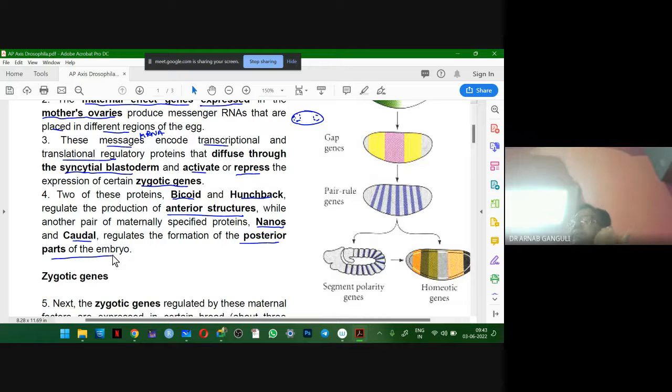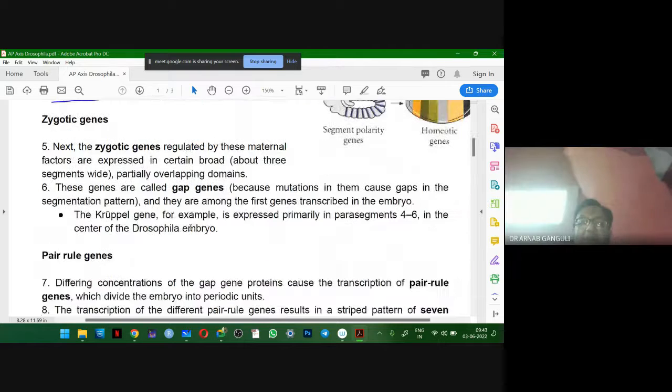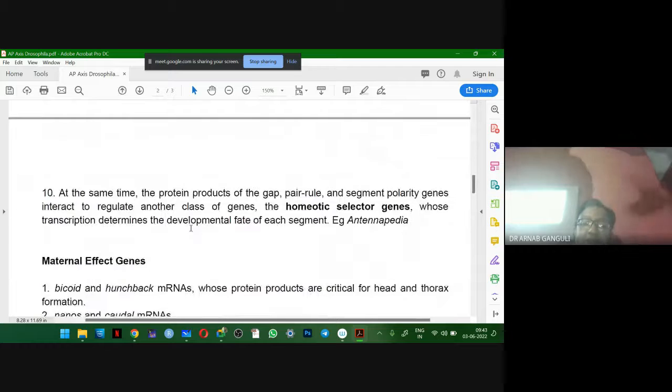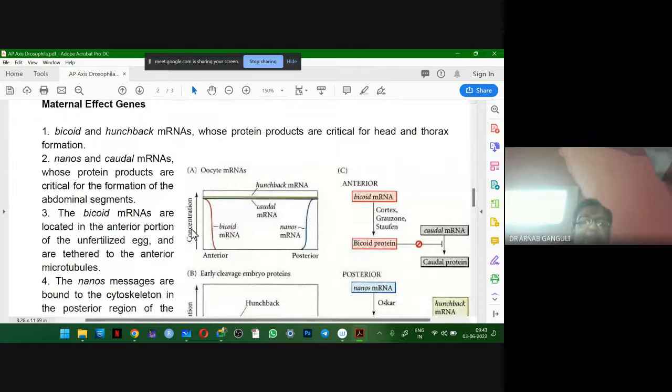So far clear? Yes, sir. Okay. Now let us go into a bit of detail on how this takes place. We have seen that bicoid and hunchback mRNAs, and their protein products, are critical for the formation of head and thorax. Insect has three parts: the head, thorax, and abdomen. Bicoid and hunchback messenger RNA are maternal effect genes, produced in the mother's ovary.